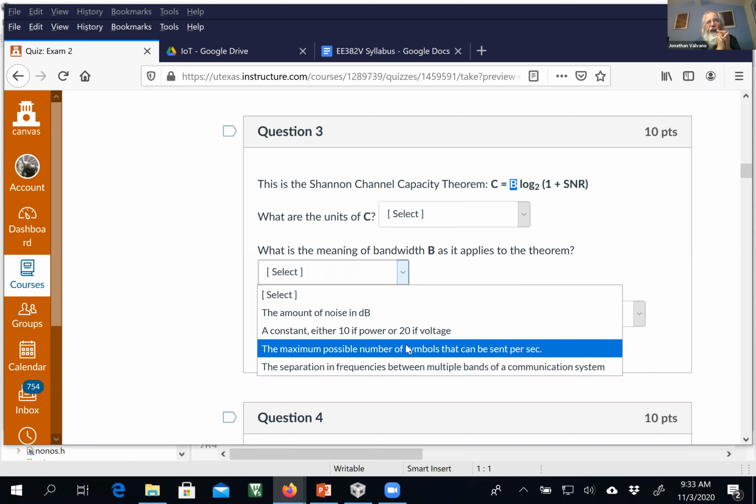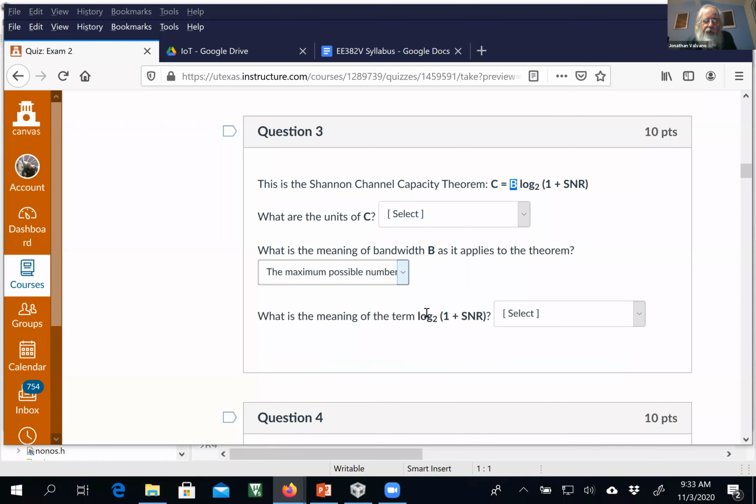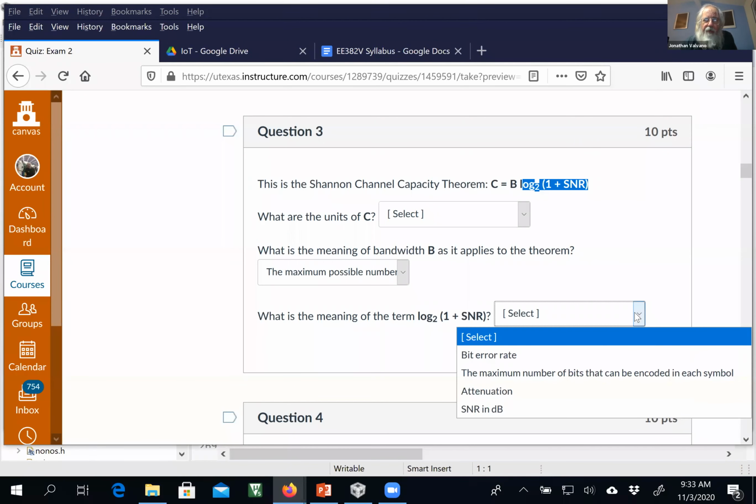When people prove this theorem, this B term boils down to how many symbols per second you can send. And this term here is basically how many bits are in each symbol.